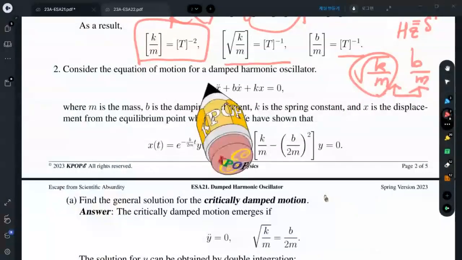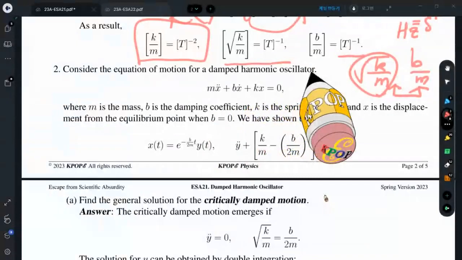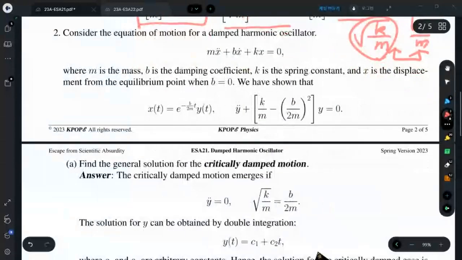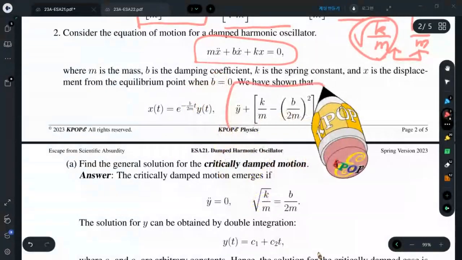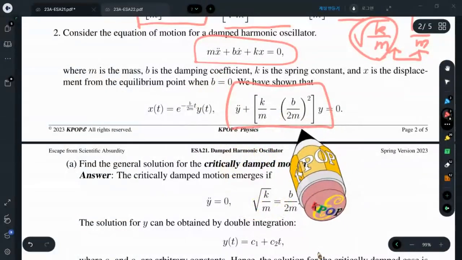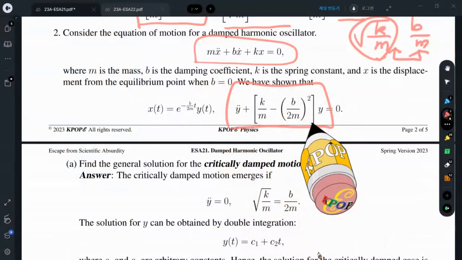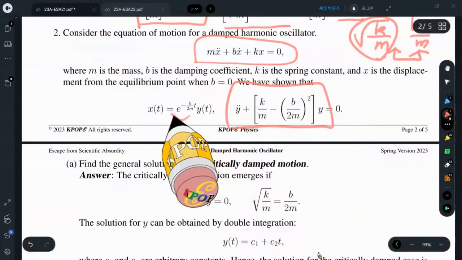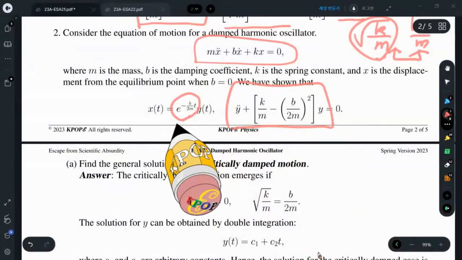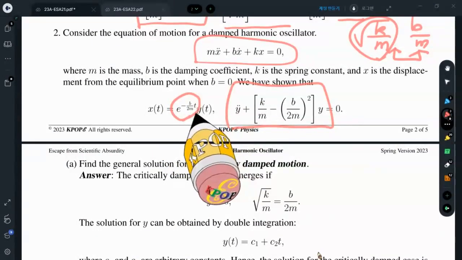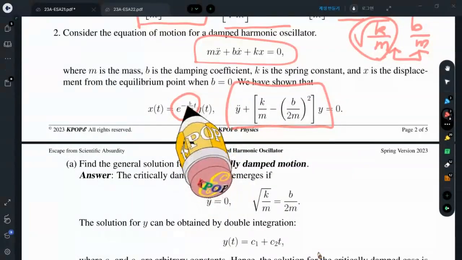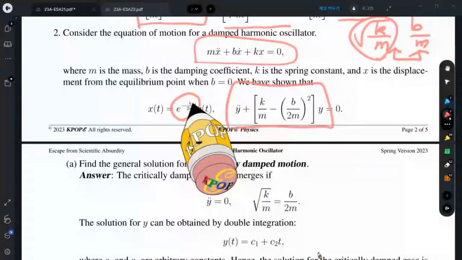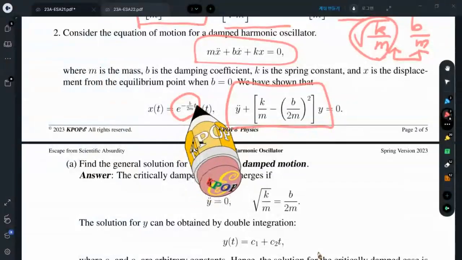Consider the equation of motion for a damped harmonic oscillator. We learned that this one can be simplified into a very elementary second order differential equation if I factor out this exponential factor. You recall that this parameter is determined by b over 2m.